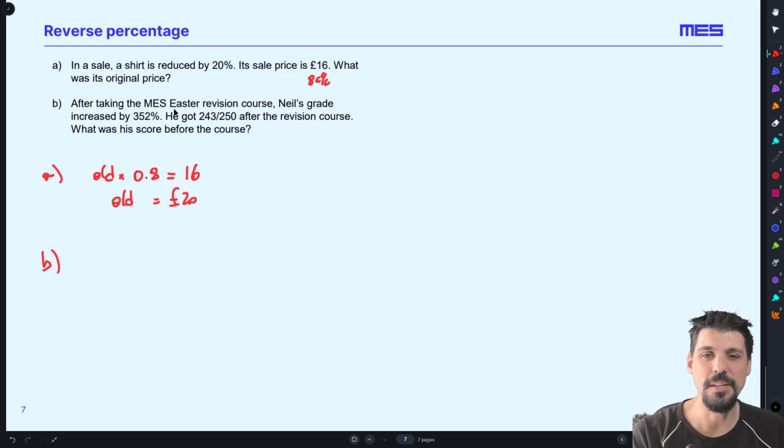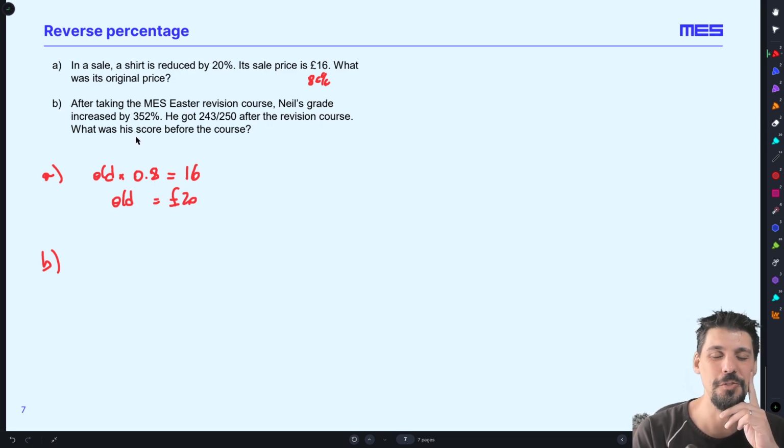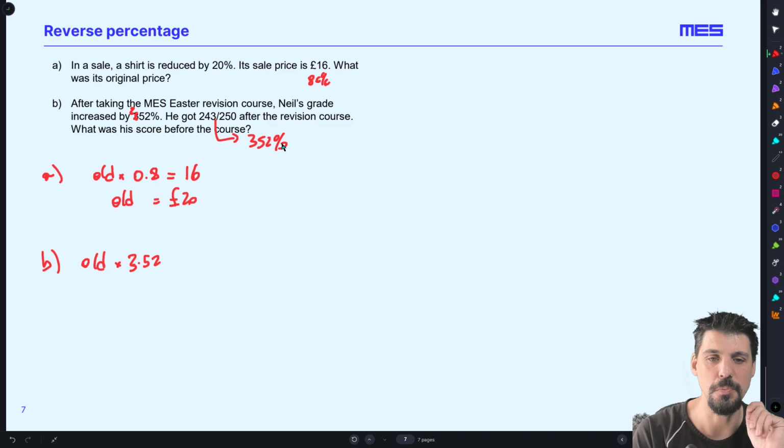After taking the My Headspace Easter Revision course, Neil's grade increased by 352%. He got 243 out of 250 after the revision course. What was his score before the course? I'm going to change this to 252%. So that 243 is the new grade, increased by 252%. So the multiplier would be times 3.52 because that 243 is 352%.